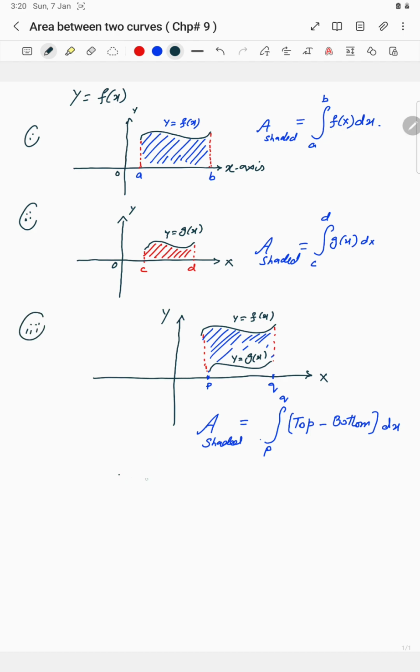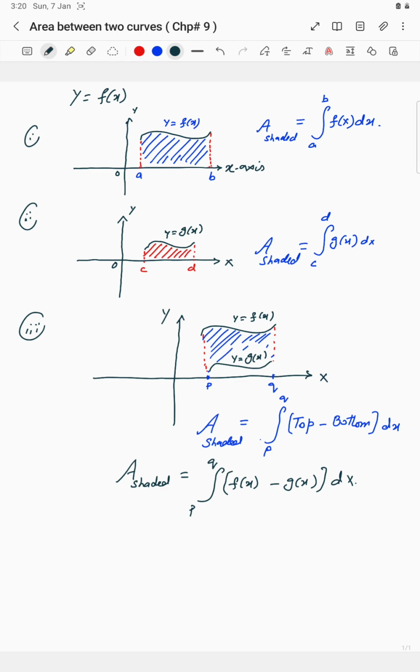So the area of the shaded region for case 3 will be, the limits are P to Q, the top is the function f of x minus the bottom function g of x, dx. We have to use this case. Okay, this was a case study when the curves are lying along the x-axis. We are taking the area along the x-axis.